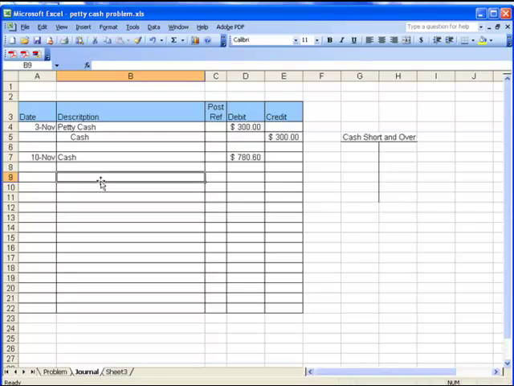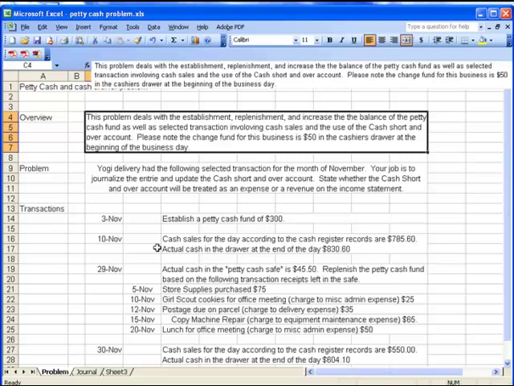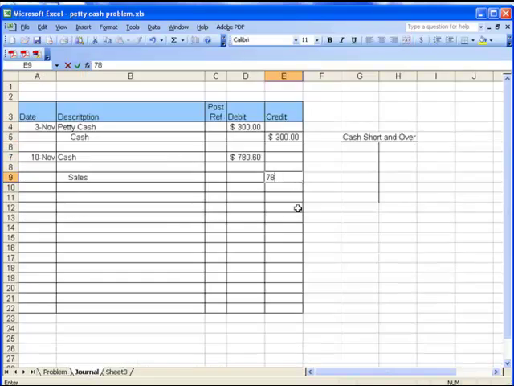Now, I like to skip the middle line because that's going to be our cash short and over account, and we don't know yet whether it's going to be a debit or a credit. So I skip a line, go down here and record our sales, and the sales are whatever the cash register tape says the sales were. Back in our transaction, it says $875.60.